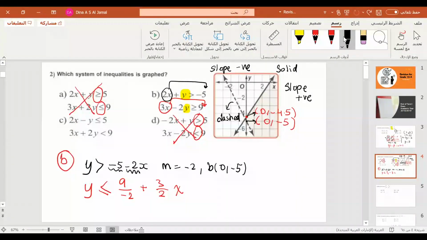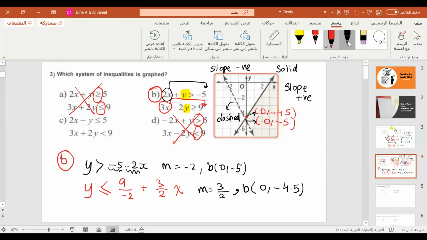Let's focus on the y-intercept. m here will be 3/2, which is a positive value, and b here will be (0, -4.5). So this highly satisfies our question, and your answer will be B.